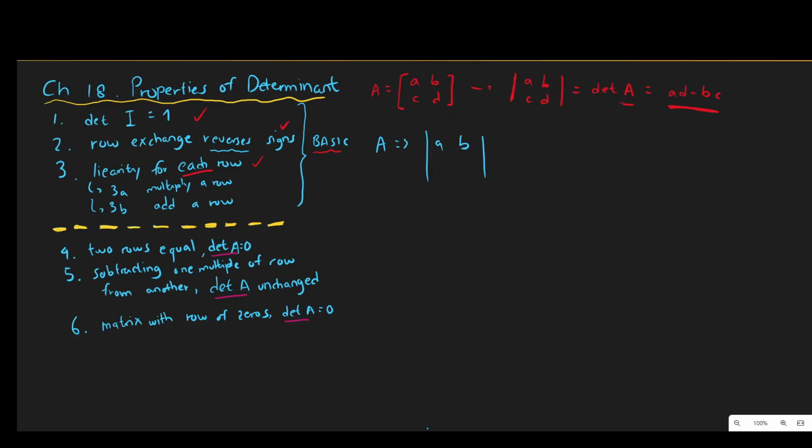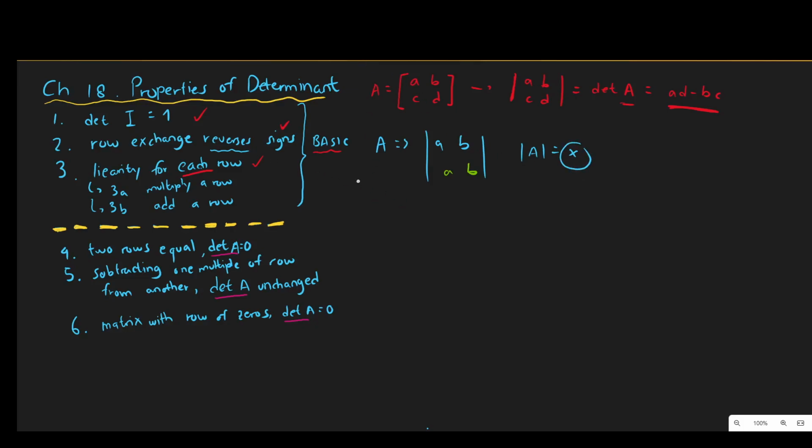Although it's really clear that if we use this formula, ab minus ab will be 0, let's say we still don't know if this formula is correct or not. So let's just assume that the determinant of A is some number x.